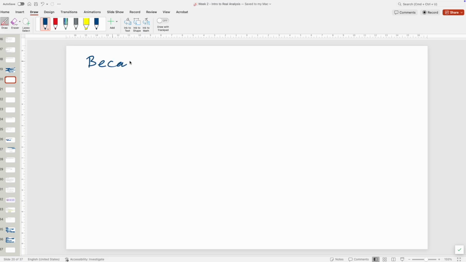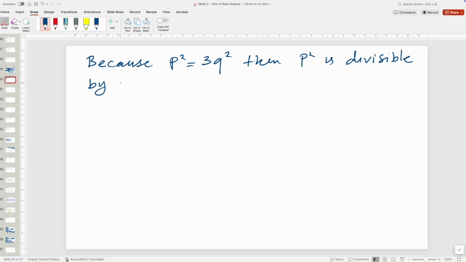Because P squared equals 3Q squared, then P squared is divisible by 3, because it's a multiple of 3: 3, 6, 9, 12, and so on.